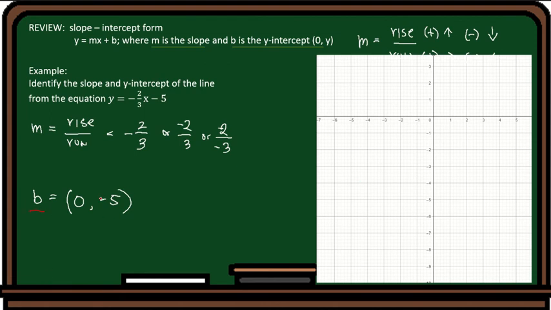Since b already has an ordered pair, we know where to find 0 and negative 5. Since this is a y-intercept form, it is found on the y-axis. 0 is the x, and then y is negative 5. So, here is one point. So, we already have one point, right?